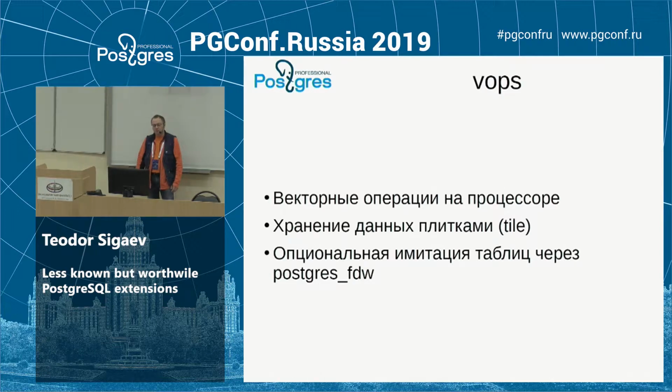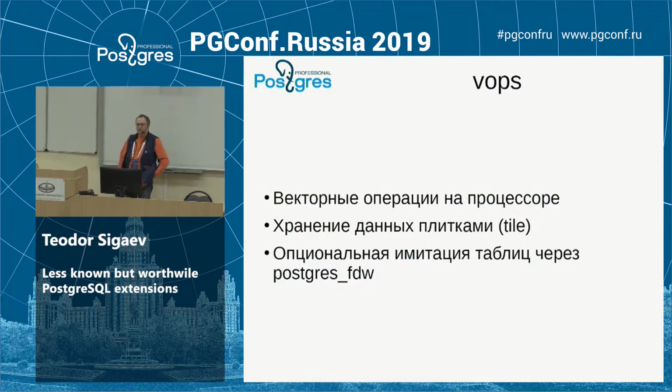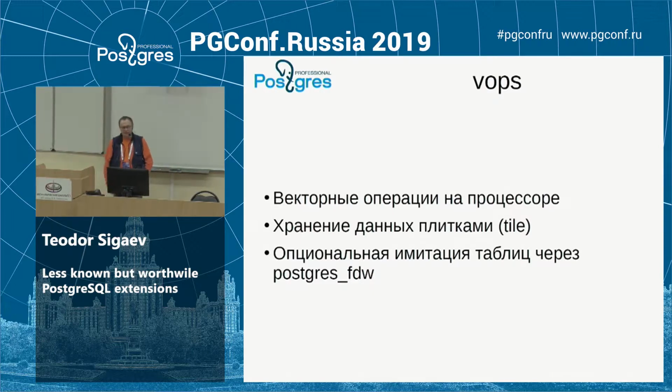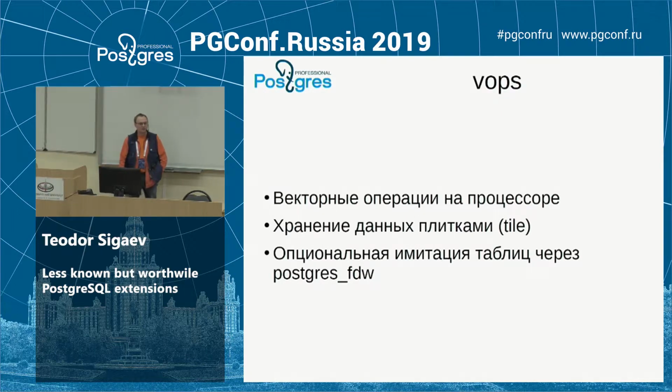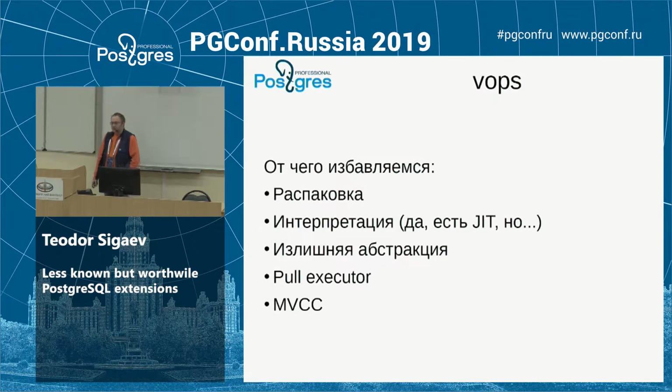To maximize practical value for the final user, this is an imitation of a table, so it looks and smells like a table through Postgres FDW, foreign data wrapper. Did anyone work with it? There are more people working with FDW than with L-tree. So it's a very useful feature.